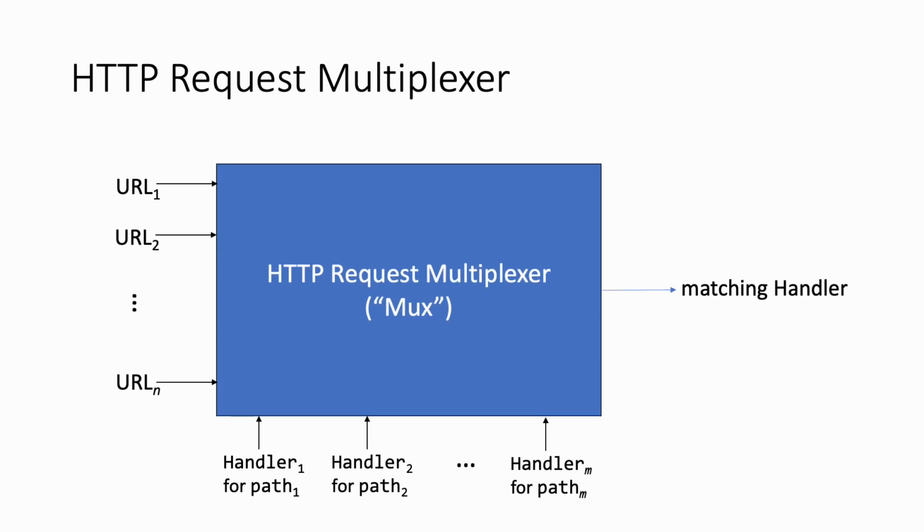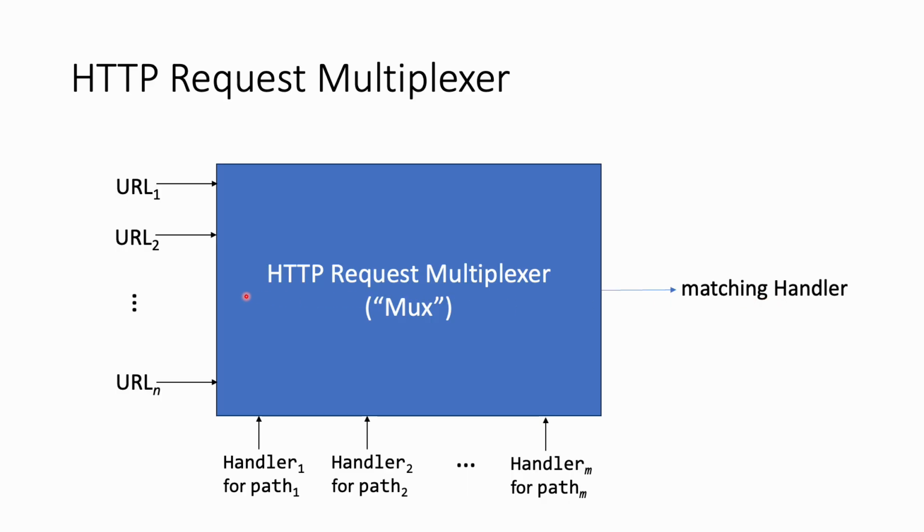To understand ServeMux, let's dive into the concept of the HTTP request multiplexer. The word mux is short for multiplexer. So an HTTP request multiplexer is sometimes called a mux. It's a component in web servers or applications that handles incoming HTTP requests and directs them to the appropriate handler or function based on specific criteria.